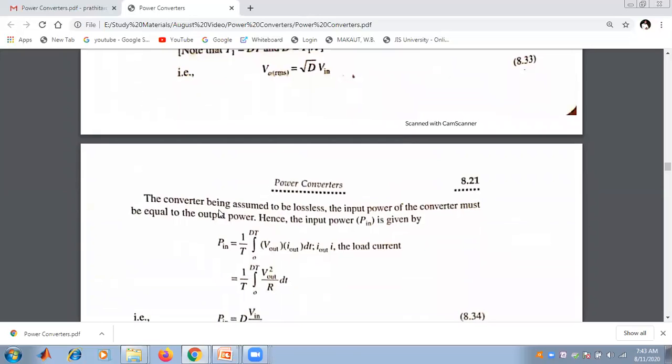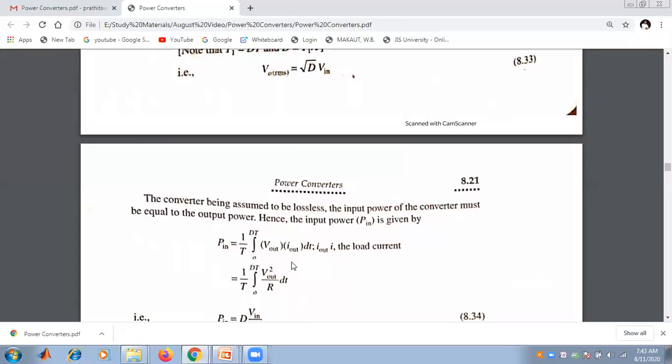The converter is assumed to be lossless, as we have already assumed, so the input power of the converter must be equal to the output power.